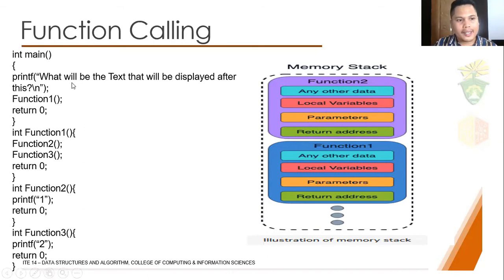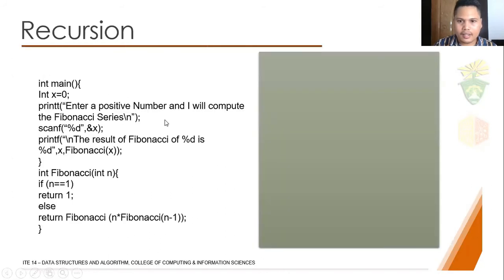So this time, by the time nga si function 1 iyang gi-transfer ang control kang function 2, push na pod karon. So push ang right nga term in terms of stack nga data structure. Meaning push, meaning to insert or iyang butang sa stack sa memory. So this time, we have here a good representation.